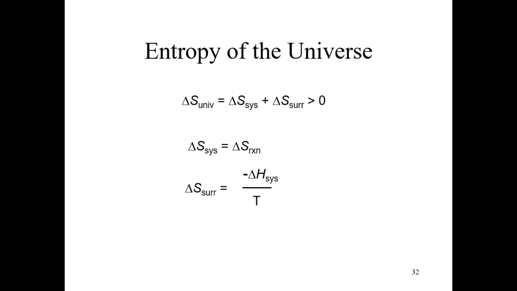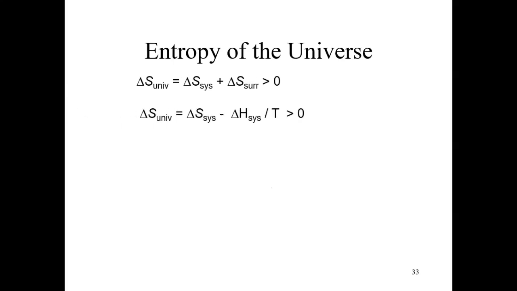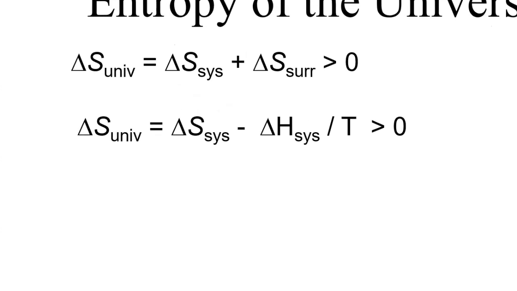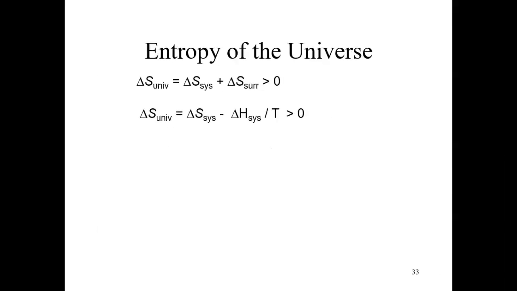We're going to substitute for the delta S of surroundings the minus delta H of the system over T. The significance of this equation at this point is that we now have an expression of the second law in terms exclusively of properties of the system.